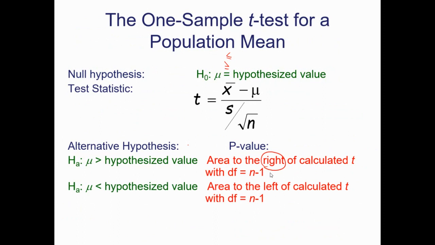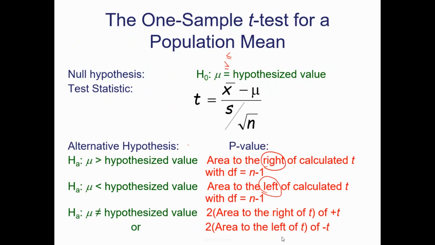If mu is less than the hypothesized value, we have a left-tailed test. And if we're not equal to, it's a two-tailed test. So you find the area in one tail, multiply by 2. Questions on this so far?